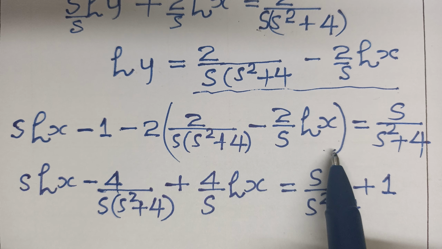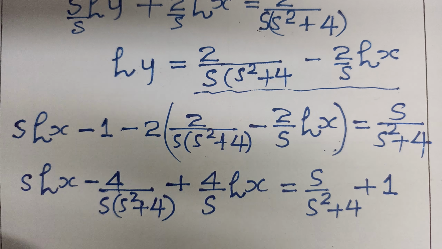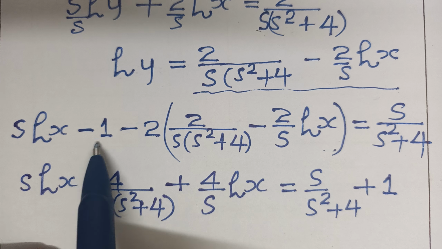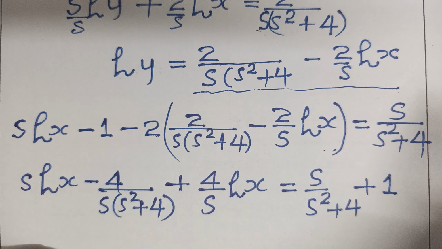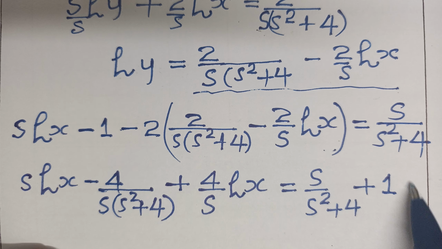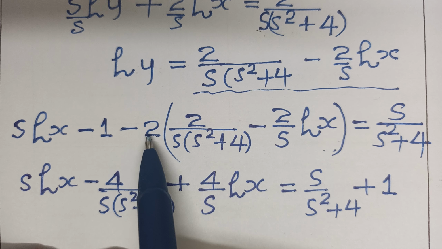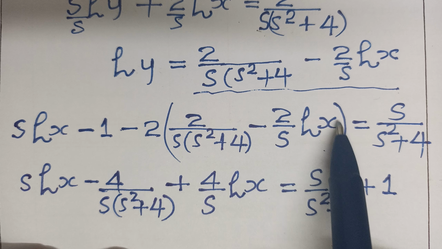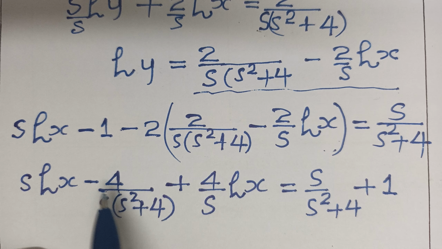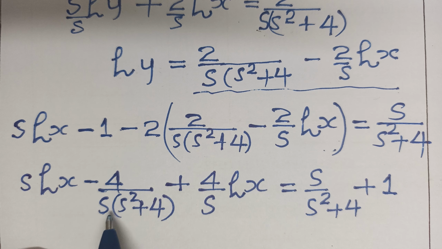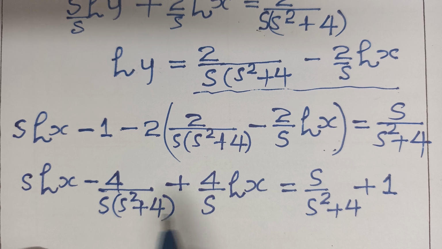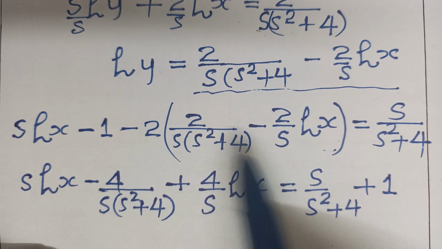After I have replaced, I can take negative 1 to the other side so that it becomes a plus. After that, I can multiply 2 by whatever is inside here, and so we get negative 4 all over s squared plus 4, plus 4. This one now becomes a plus.